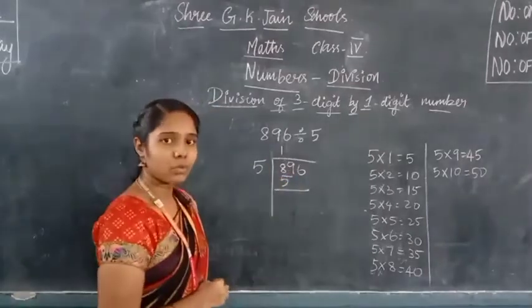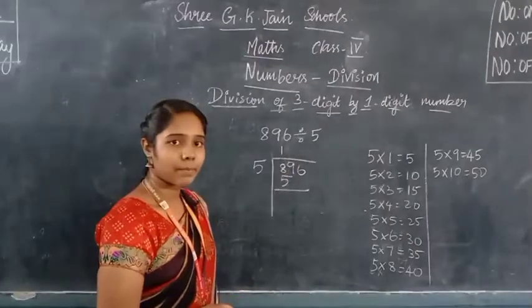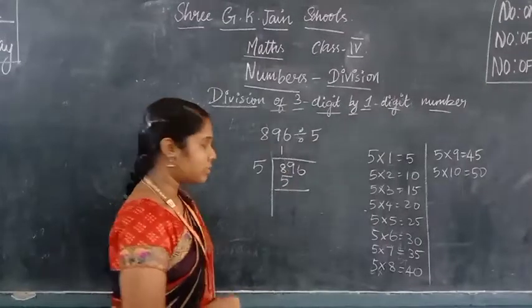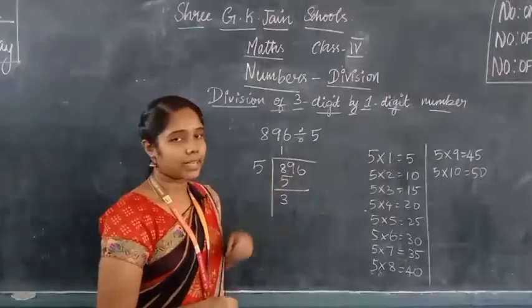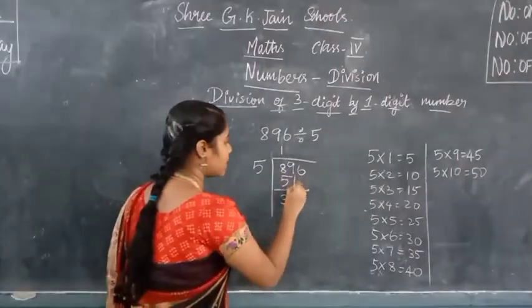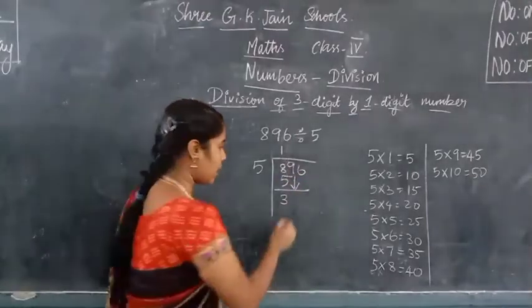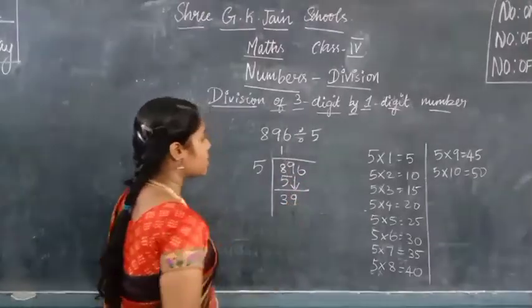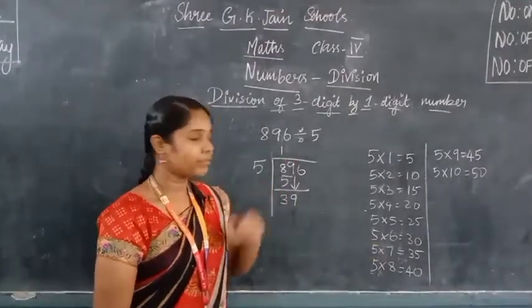Now we have to subtract it. 8 minus 5 is 3. After that we have to take down the next number. At a time in division we can take down only one number. So it becomes 39. Do you find 39 in the 5 tables?